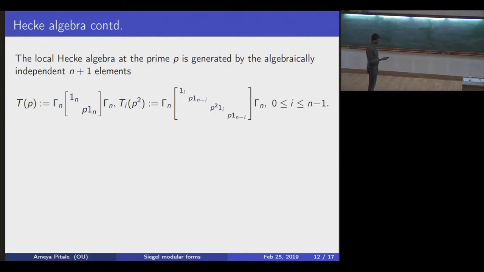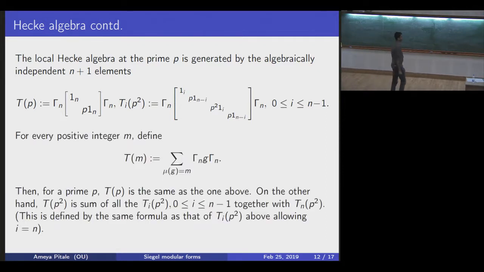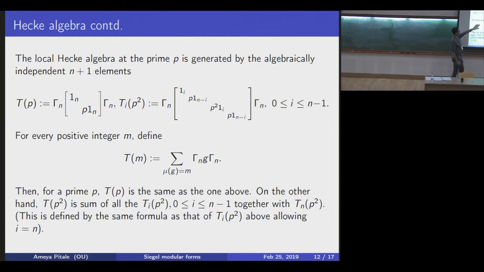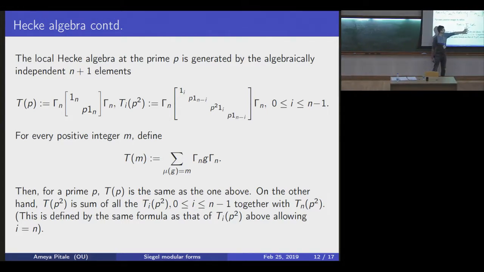Just like in the elliptic modular forms case, you can define Hecke operators parameterized by positive integers m, where you collect all the double cosets with the same similitude m. For example, if m is equal to p, then you just have this one thing.